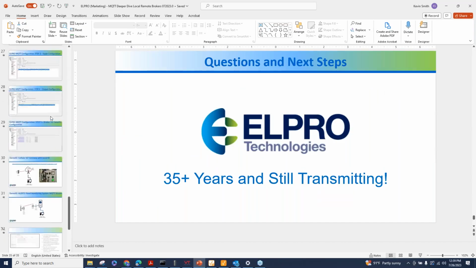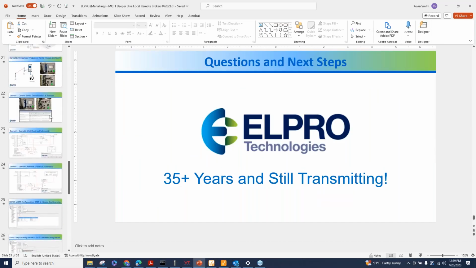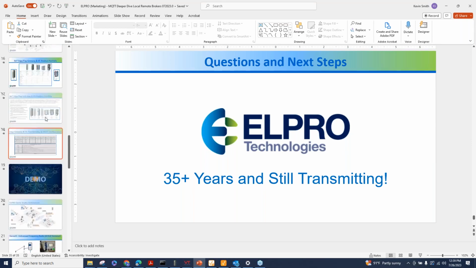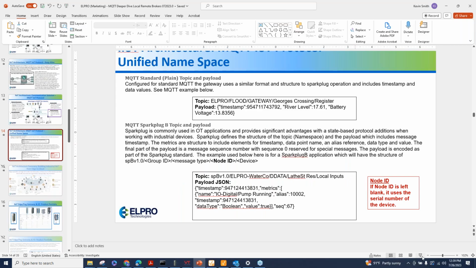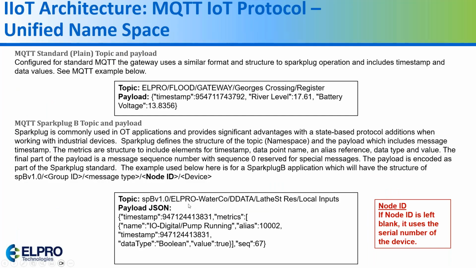So if you go look at what I was showing you earlier for one of the features within MQTT, notice the topic right here is more structured than if you had the standard.